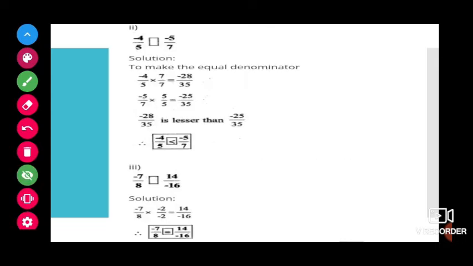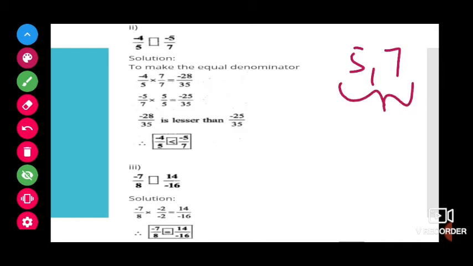Next one is minus 4 by 5 and minus 5 by 7. Both also negative, children. So we have to follow the procedure. First one is equalizing the denominator. To equalize the denominator, the first fraction multiply with this denominator. Why? Because here actually take LCM and all I told you. Here 5 and 7, no need to take LCM.